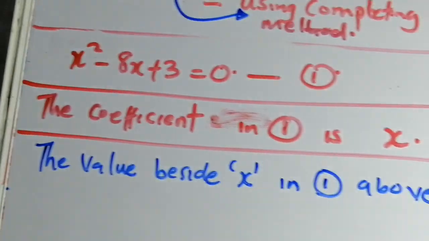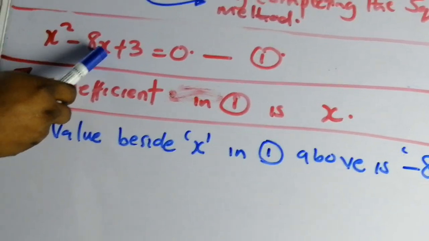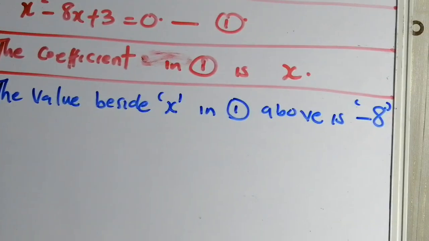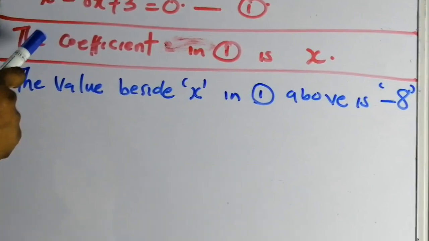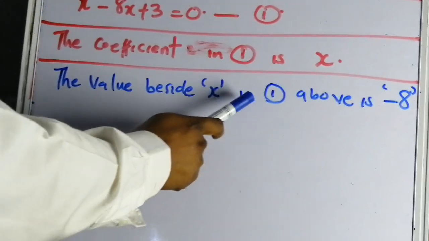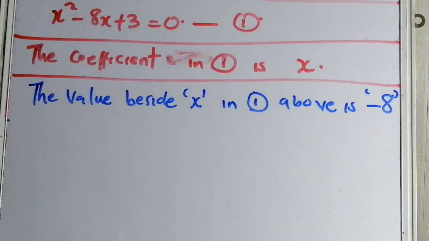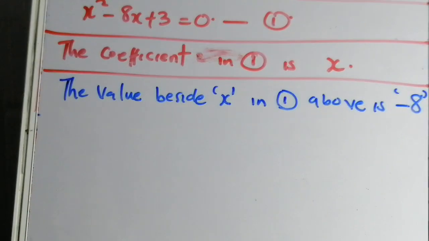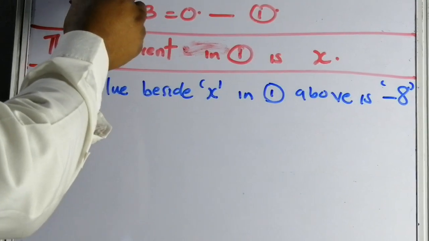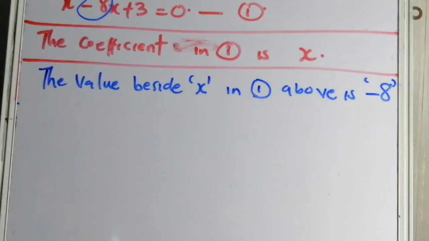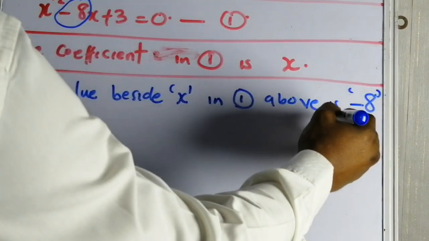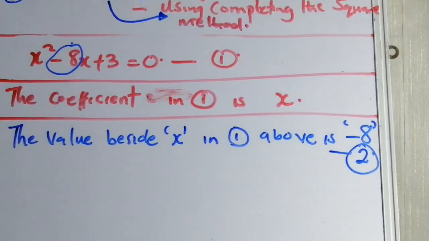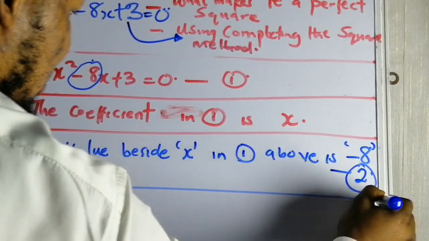Don't forget, the coefficient here is x. The value beside x in equation 1 is minus 8. You must not miss this minus. It's minus 8. So we'll tag this one as equation 2. Okay, so don't forget equation 2.